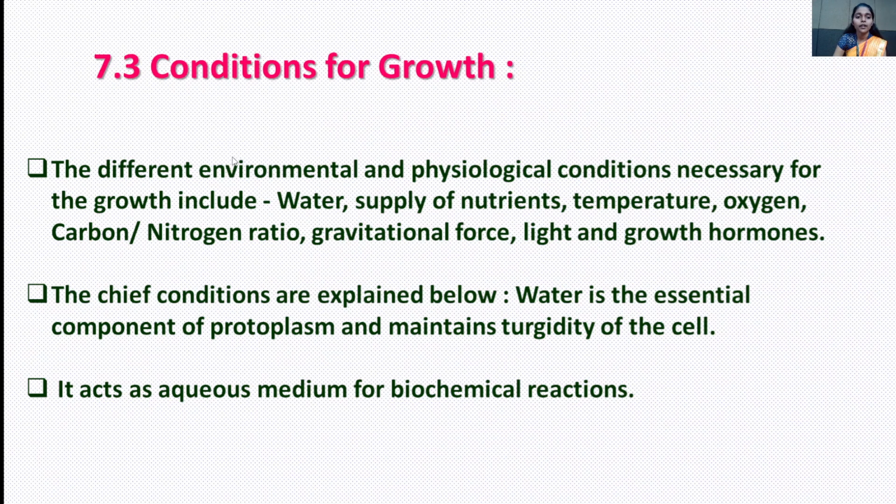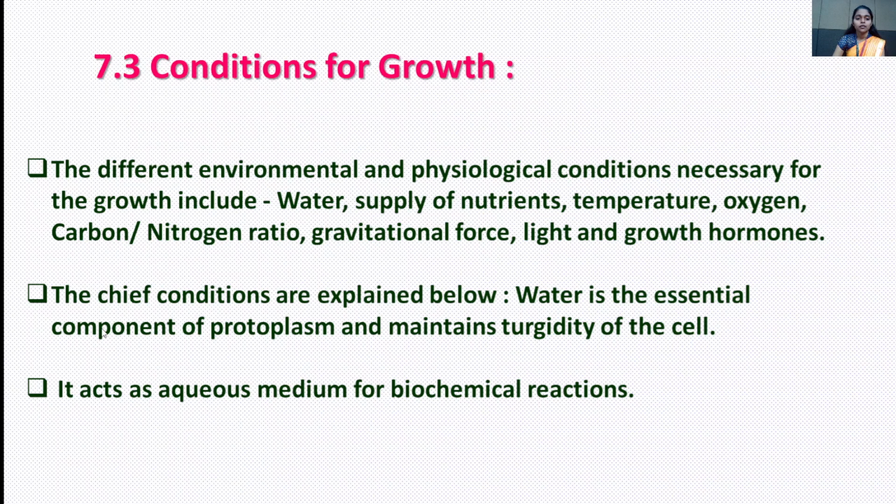The third point is conditions for growth. The different environmental and physiological conditions necessary for growth include water, supply of nutrients, temperature, oxygen, carbon or nitrogen ratio, gravitational force, light and growth hormones.